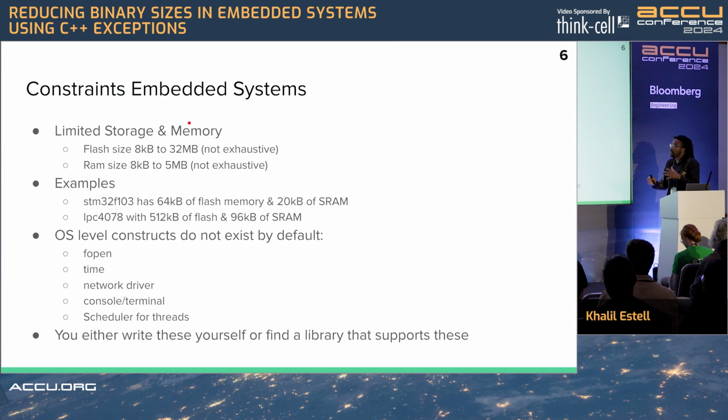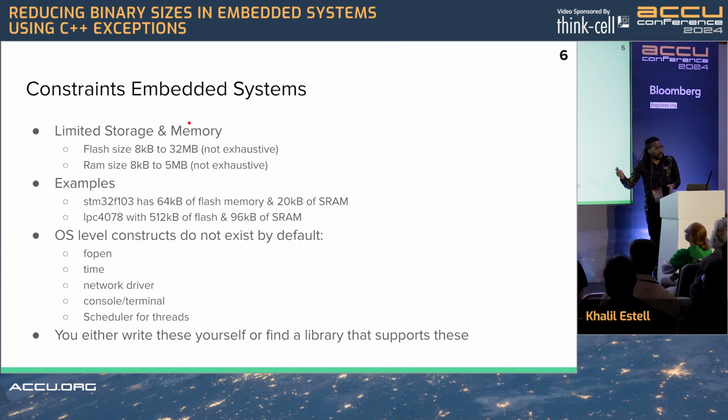One of the things that I teach my students is about the constraints of embedded systems. It's not like working with software on an operating system or on your laptop. We're limited in storage and memory. Typically, our devices have small amounts of read-only memory and small amounts of RAM, about 8K to 32, but that's not exhaustive. You could have devices with way more RAM and way more flash, and then 8K to maybe 5 kilobytes for the SRAM size.